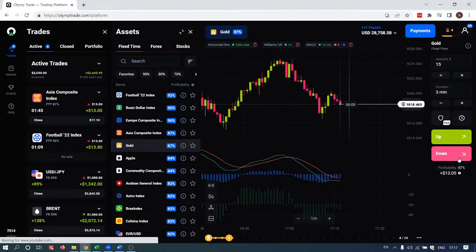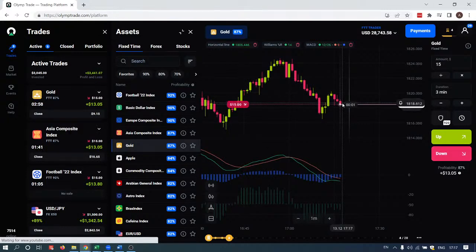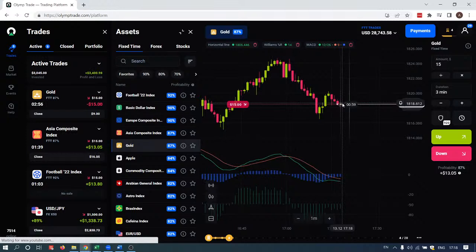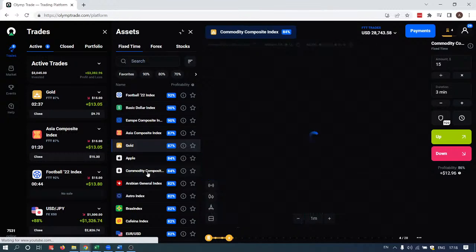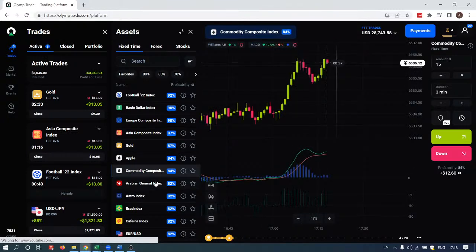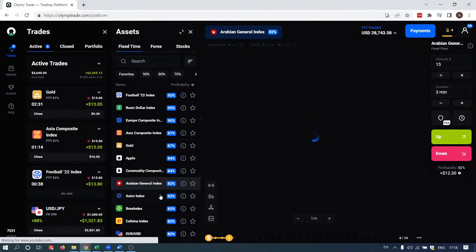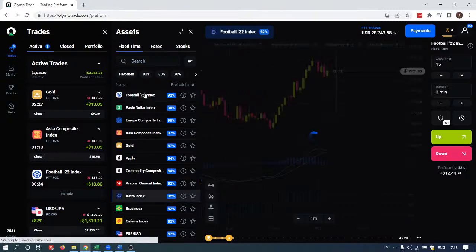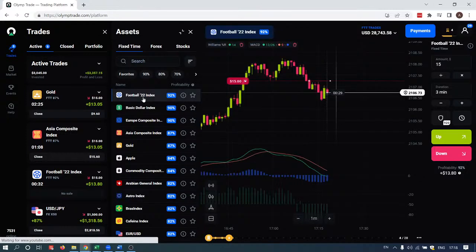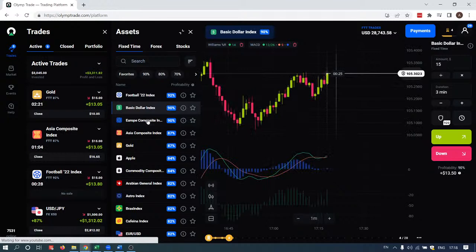Okay, so let me open another trade on gold. Well, I would say maybe you need to do the following thing. Since you found a strategy that works completely the opposite way, start using it in the opposite direction. So when you have an up trade, you open a down trade, and when you have a down trade, you open an up trade. Just start doing everything in the opposite direction.